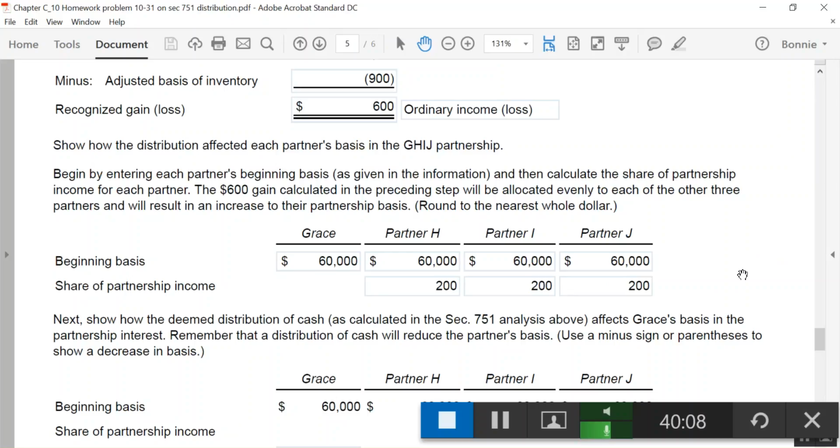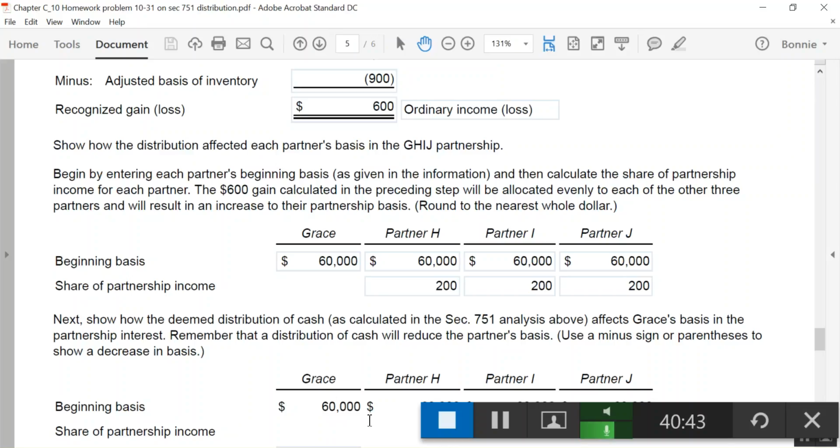Then, and this is the tricky part, what you're supposed to do is allocate the $600 deemed gain, actually recognized, not just realized, by the partnership on this distribution. You allocate that evenly to each of the other three partners. Grace, you'll see down below, gets her distribution applied to her basis too.